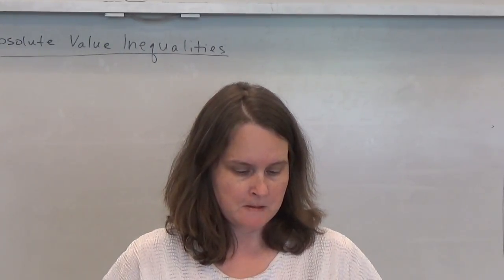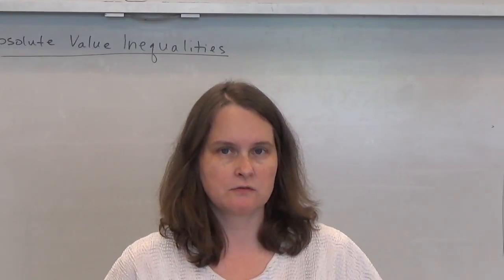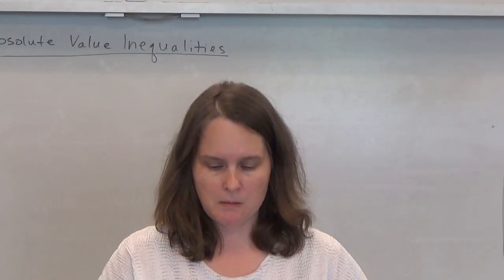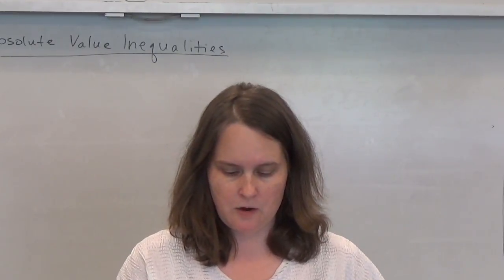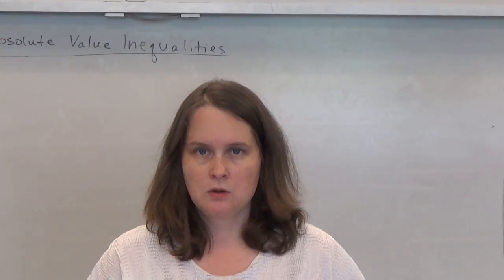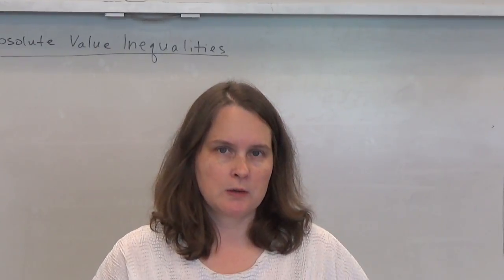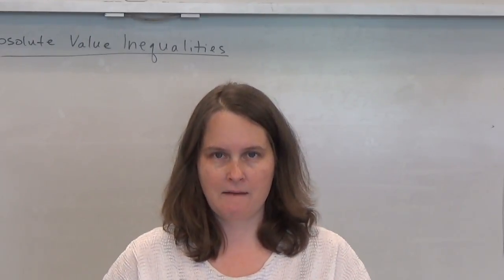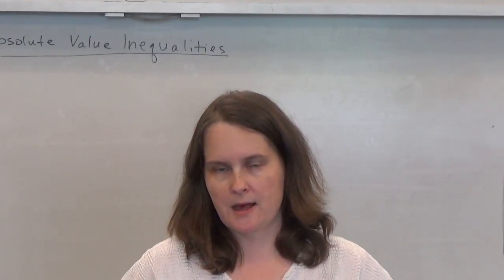It's in terms of k. Sometimes that's confusing for people. K is just a constant. Those rules are essential to being able to solve absolute value inequalities, and hopefully you'll understand why we have those rules based on what we just talked about.